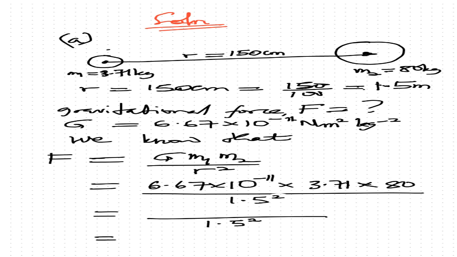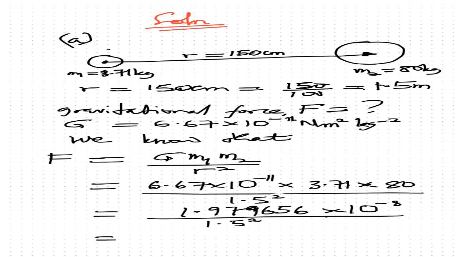So 6.67 times 10 exponent negative 11, 3.71 times 80, and I'm getting 1.979656 times 10 exponent negative 8.